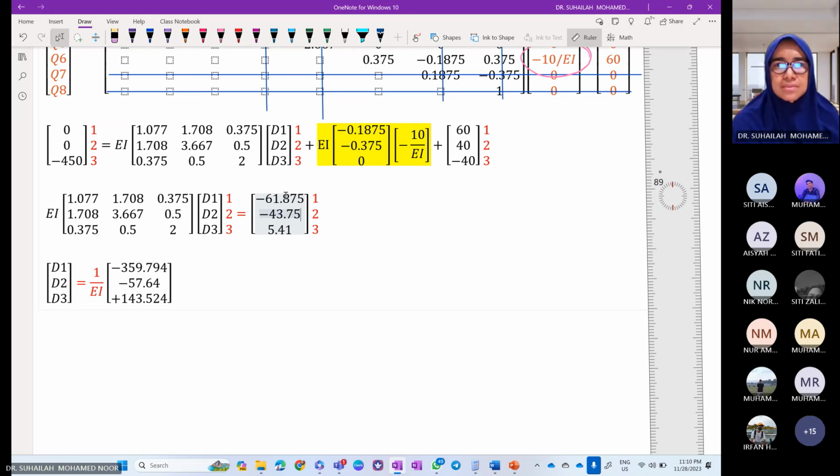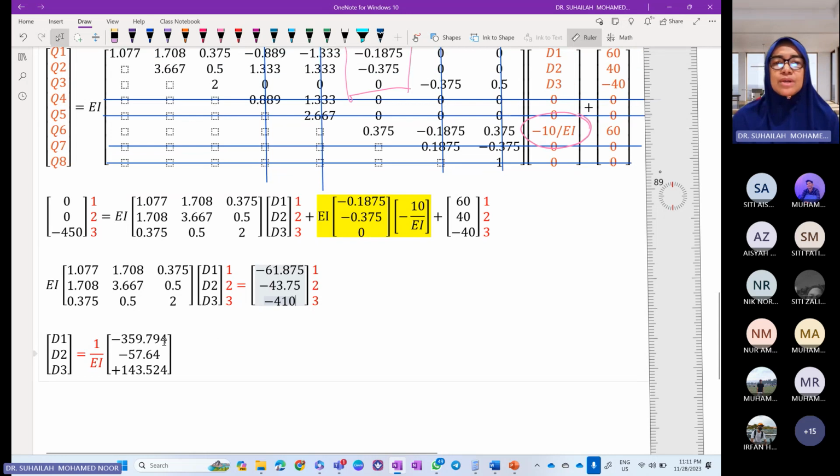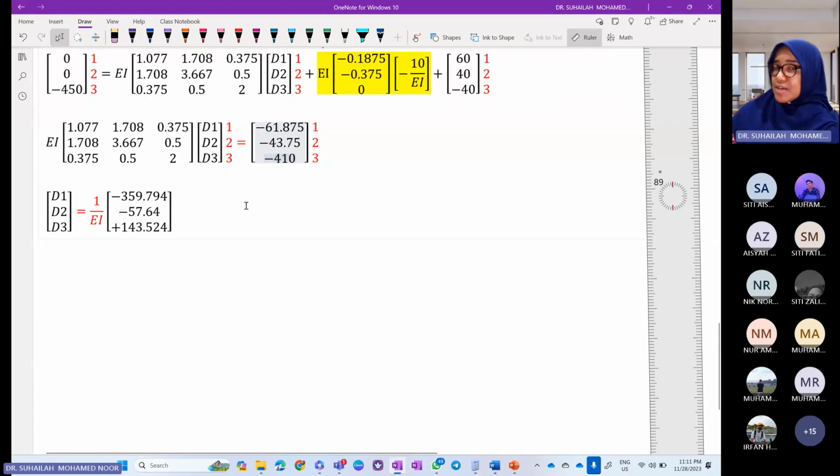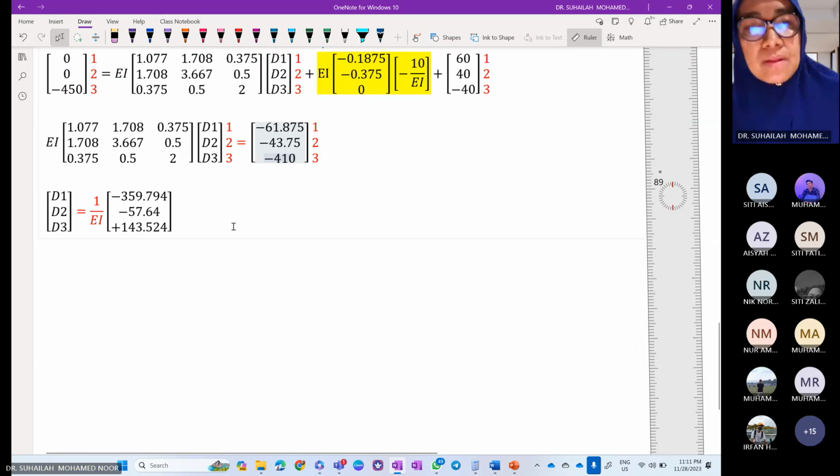Okay? And then berapa tu? Negative 410. Betul tak ni? Then you will get the new value. What is the value? Okay, please calculate now and give me the answer for D1, D2, and D3.